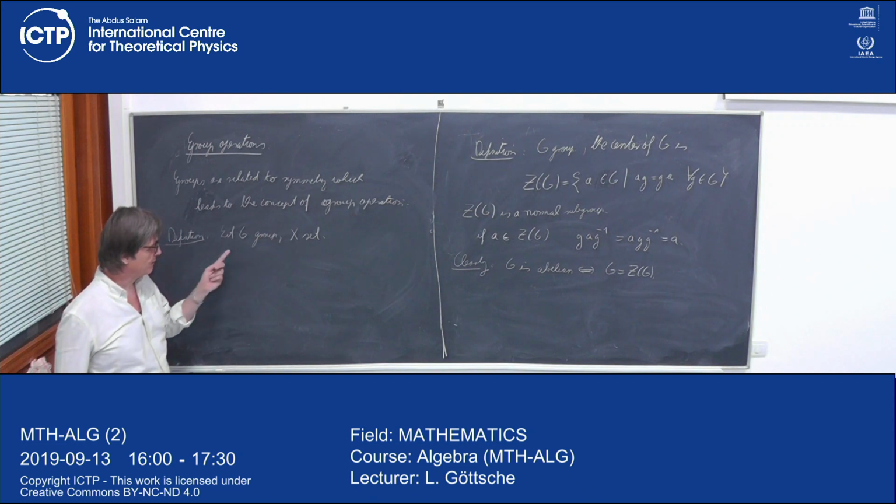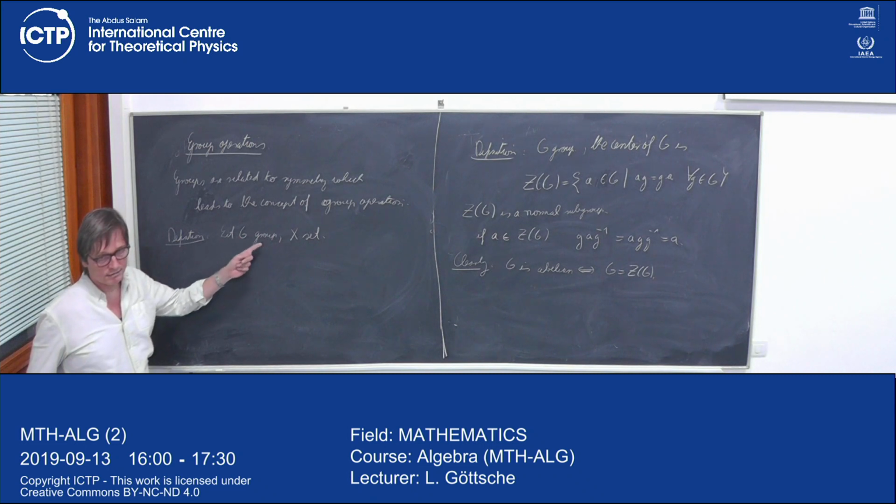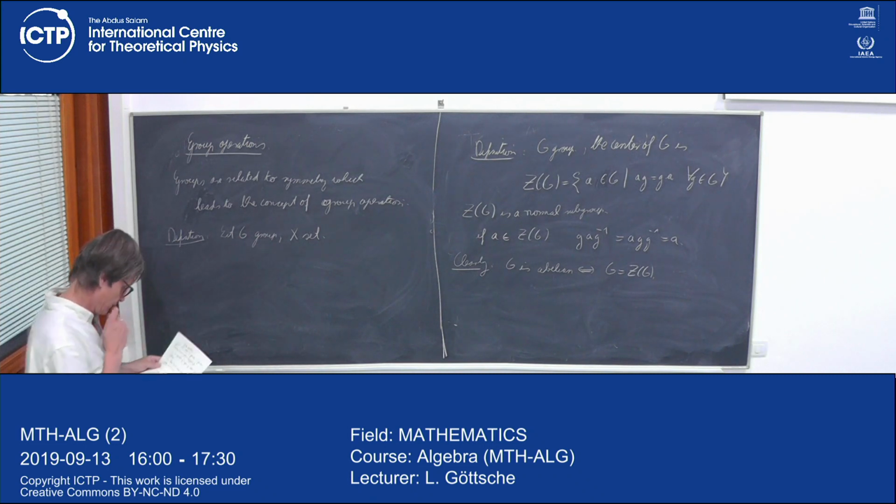In some sense, you want to multiply elements in the set with elements in the group, in such a way that it's compatible with the structure of the group. So what does it mean?